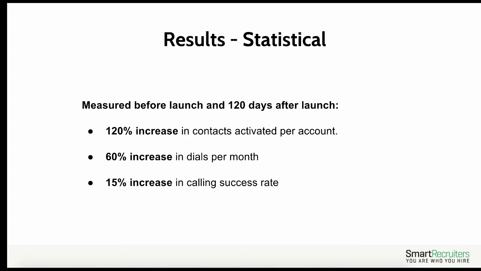And then we have about 2 minutes left, so I'm going to hurry through the results. Again, these are high-level results, but we've seen a huge increase in the number of contacts activated per account. So just by tracking the number of contacts and accounts and the ratio thereof that we're reaching out to, we've seen that we need to be activating more contacts per account.